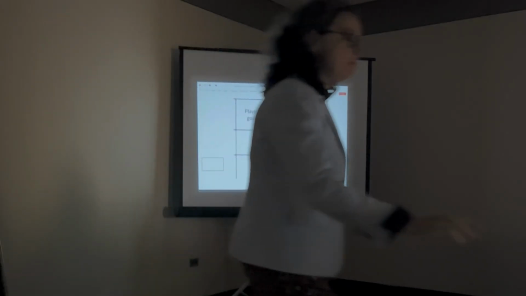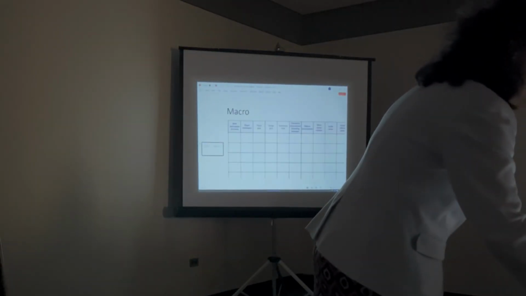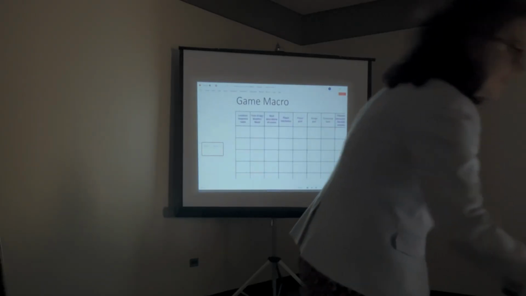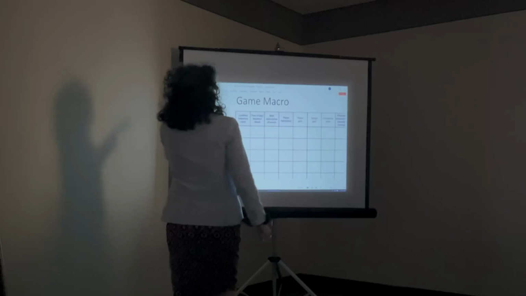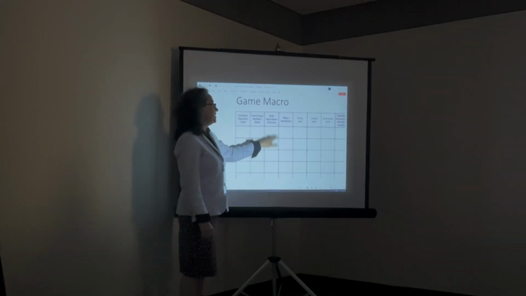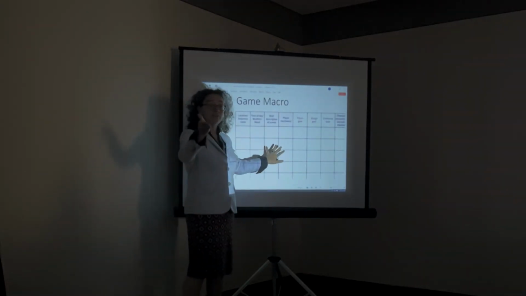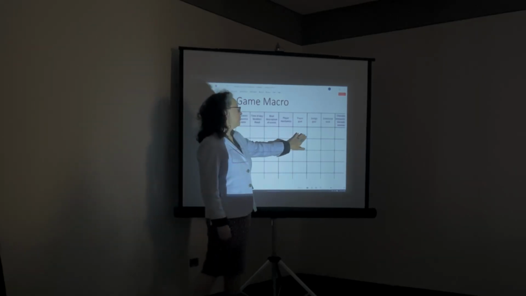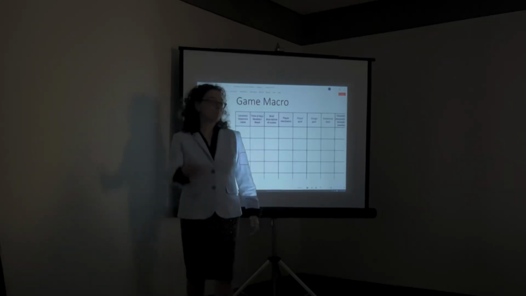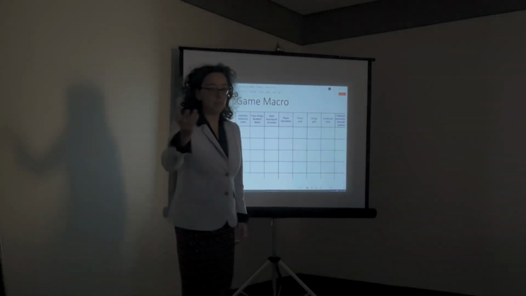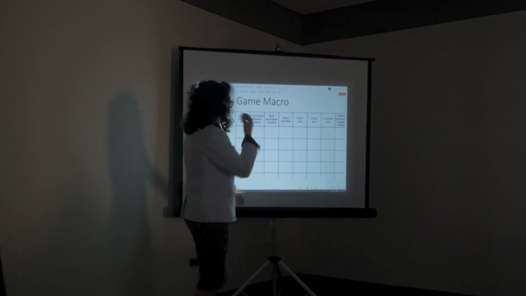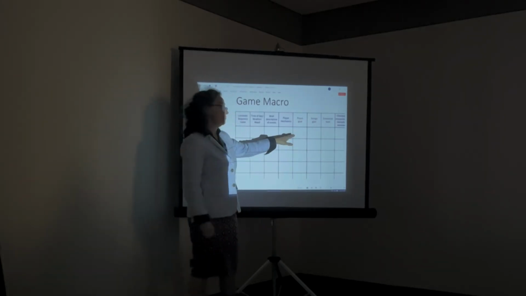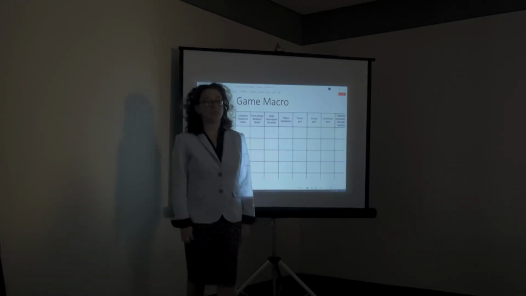And so in the game macro, I know it's hard to see, but you've got your player experience, player goal right there, and you've got things on the left side here that are details. This is stuff that you write in your design doc, but here now, it's purposed. So if you want your player to think they need to go to Guadalupe, you put stuff in the game that lets them know that's what they're gonna want to do.